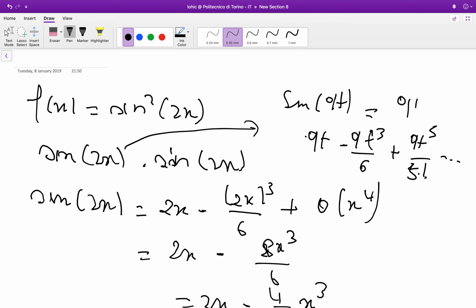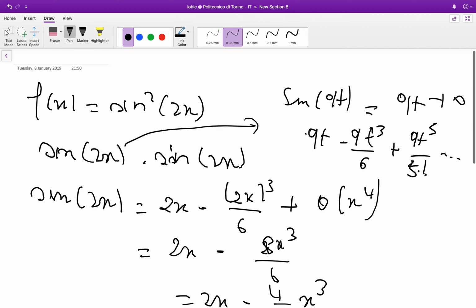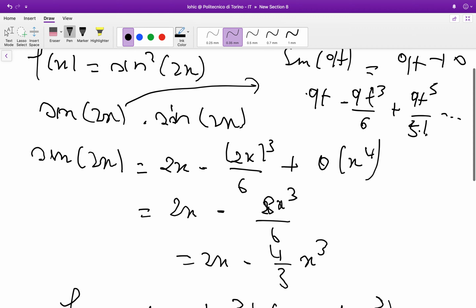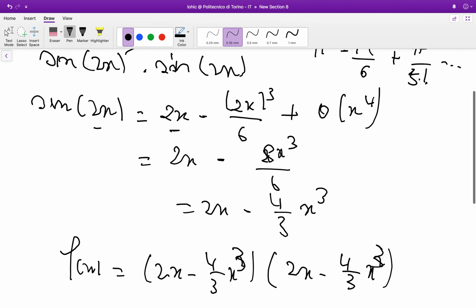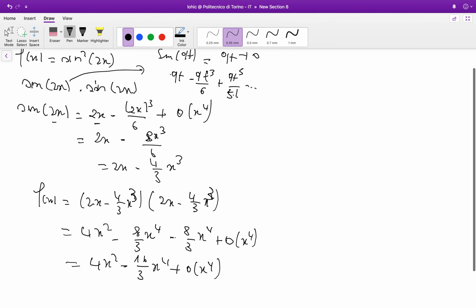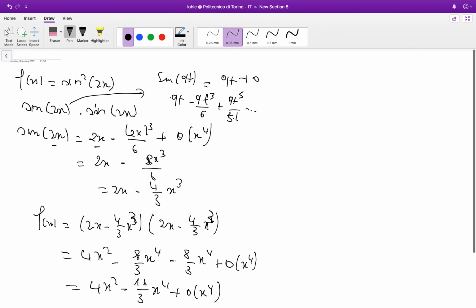With the condition that the quantity should be tending to 0. Is that clear? Our quantity was 2x, so we take the quantity minus the quantity cubed over 6, and then we stop, because we stopped at the cubic since we needed the expansion of order 4.